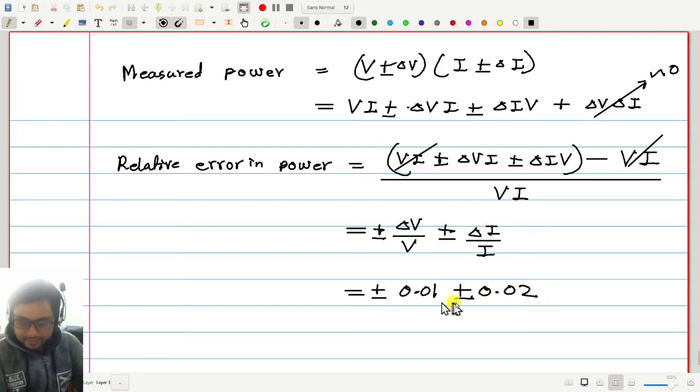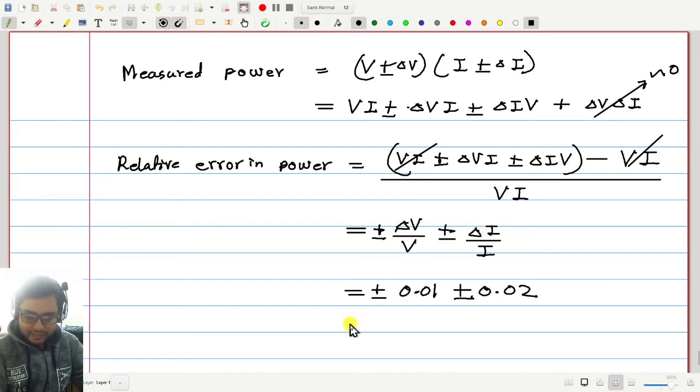Now we have a plus minus sign here and here. Both of them can be positive together or negative together, or one positive and one negative. But the worst case is when both of them have the same sign.